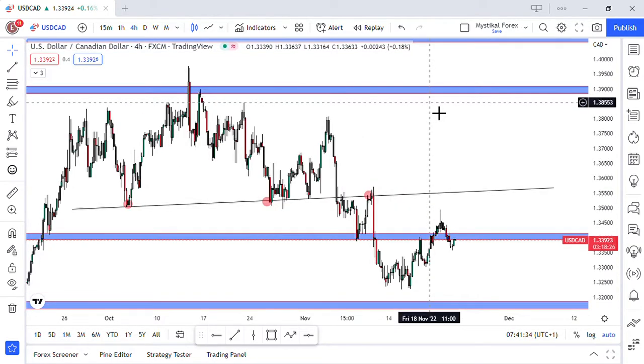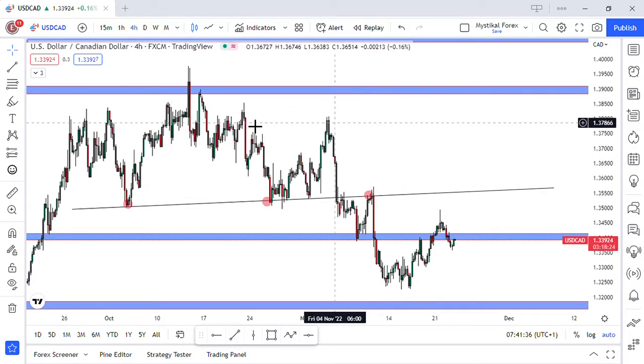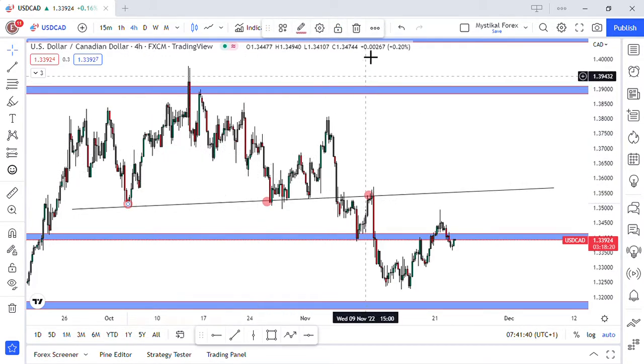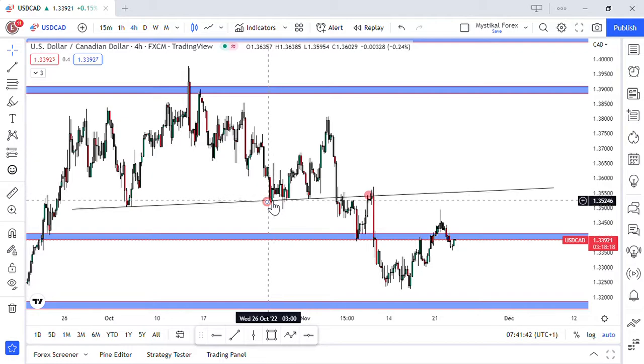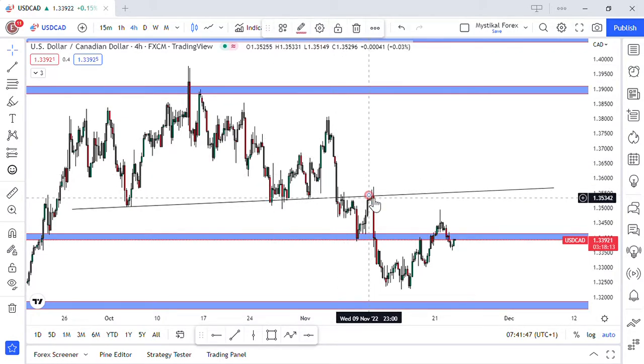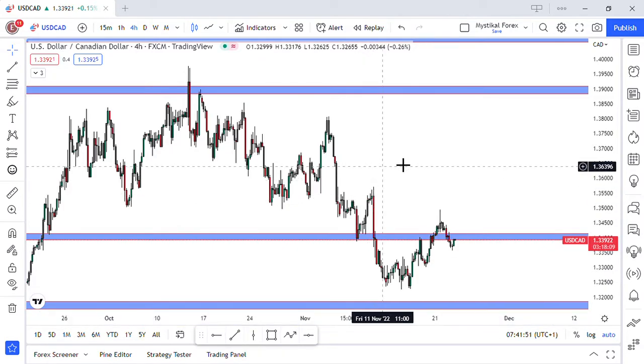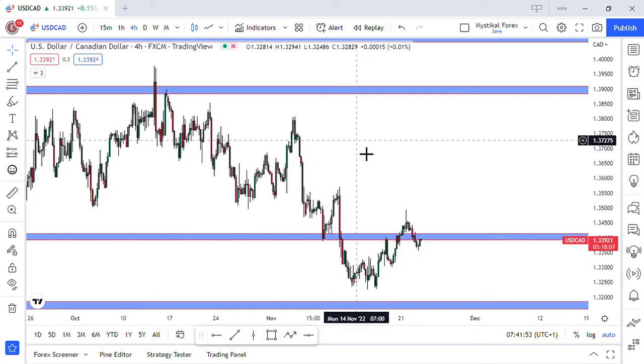Okay, with that being said, this looks like a moment to introduce more levels that you can mark. Now these levels are quite easy levels to mark out.